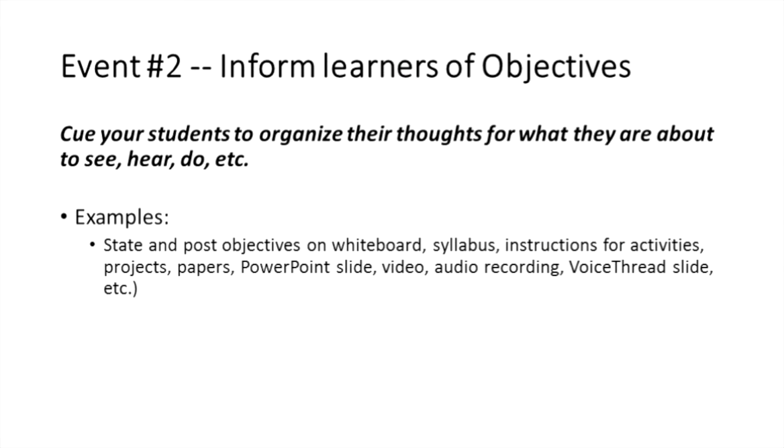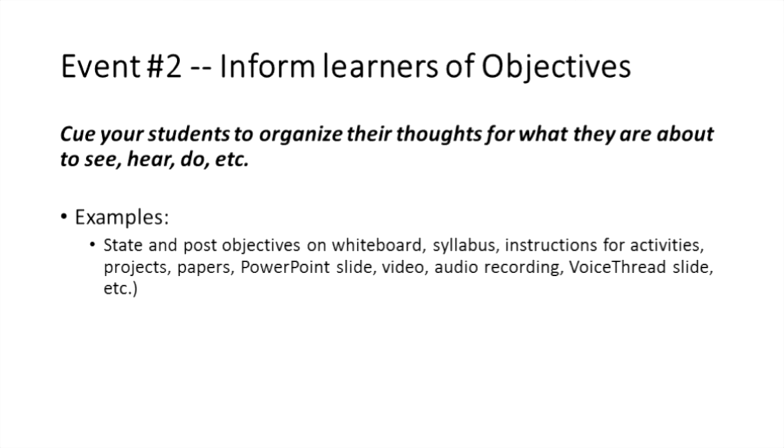All right, let's move on to event number 2. Event number 2 is to inform your learners of the objectives for that particular lesson, or if you're teaching online, for that week's learning module or unit. I think so often we forget to do this. We don't tell the students what our goals are for that day.